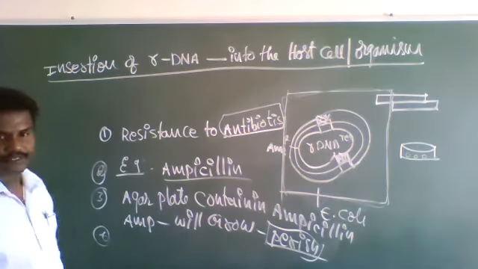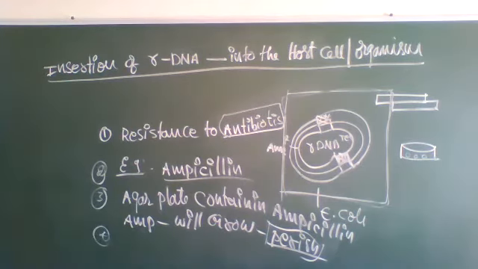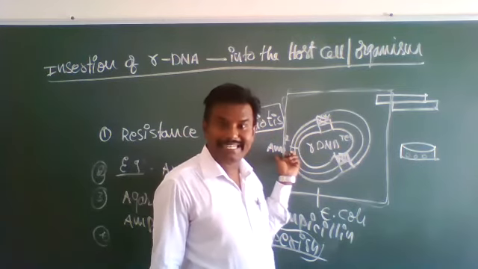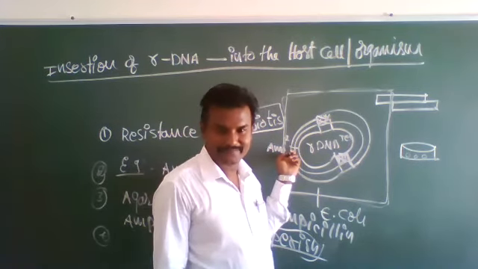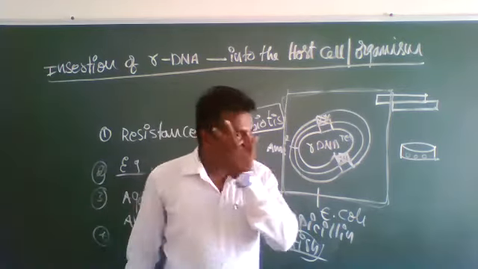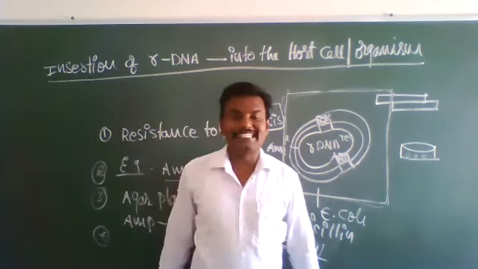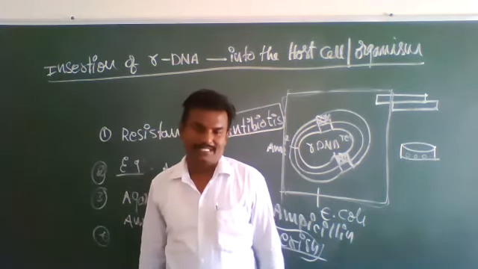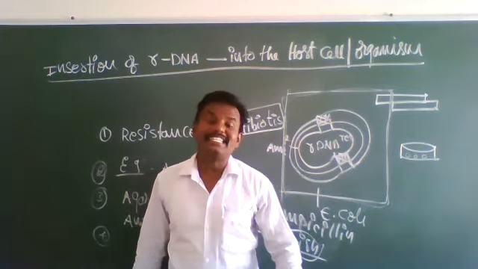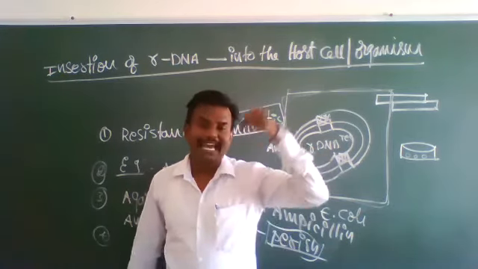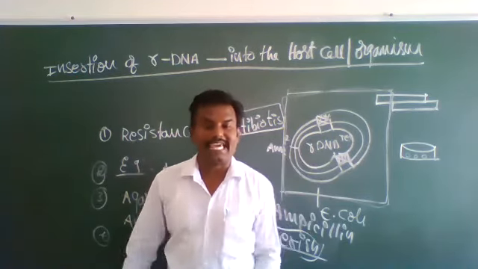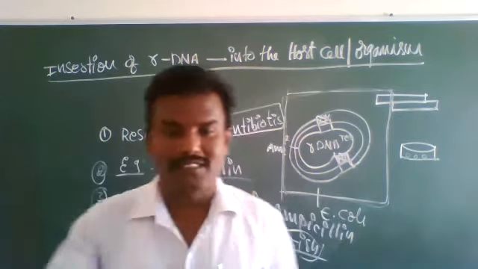Fourth statement. Here, one antibiotic gene is able to select recombinants, that is the ampicillin resistant gene. The ampicillin resistant gene is able to select recombinants due to the presence of ampicillin resistance protein. So the ampicillin-containing gene in this case acts as a selectable marker.